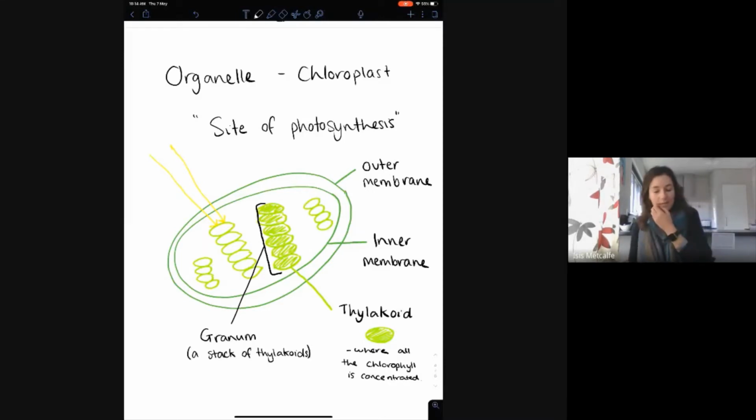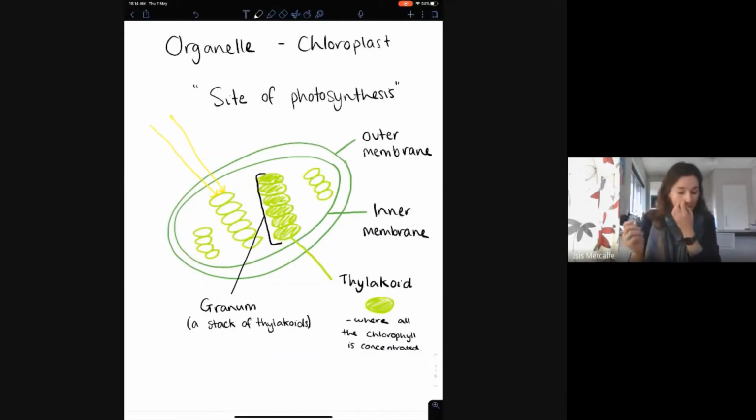The reason the chloroplast is structured like this is because if we can stack as many thylakoids on top of each other as possible, it increases the surface area so that loads and loads of reactions can happen all at once. Remember, the plant wants to maximize photosynthesis. The more chlorophyll that can be excited by the sun, the better. So there are loads and loads of these stacks, and that is what maximizes photosynthesis.